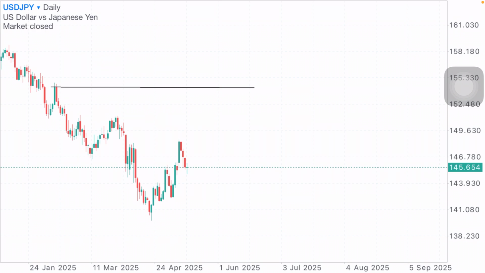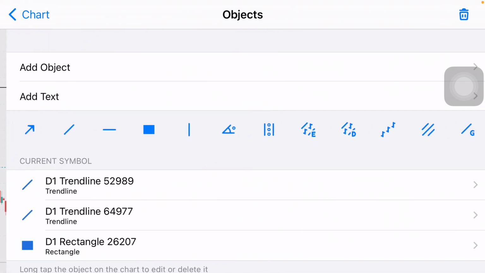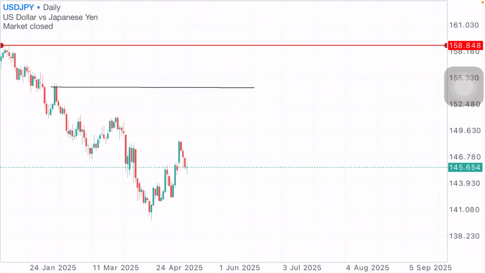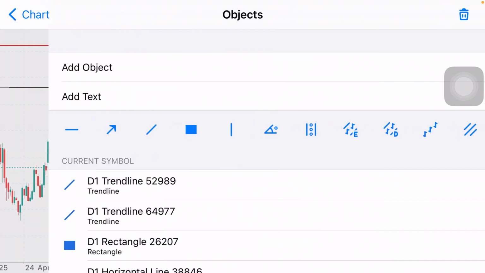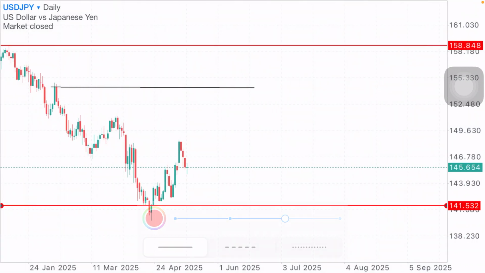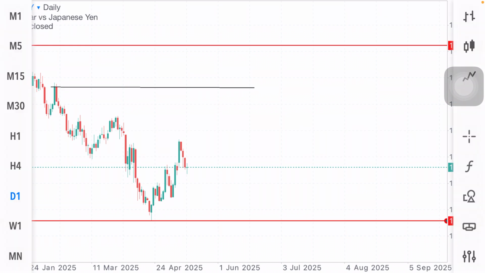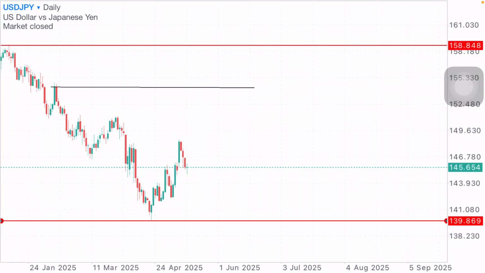Let's place our resistance trend line on the highest point of the market. This is the highest point here. Let's place our support trend line. There is the support trend line. It's not that hard analyzing from the daily time frame.